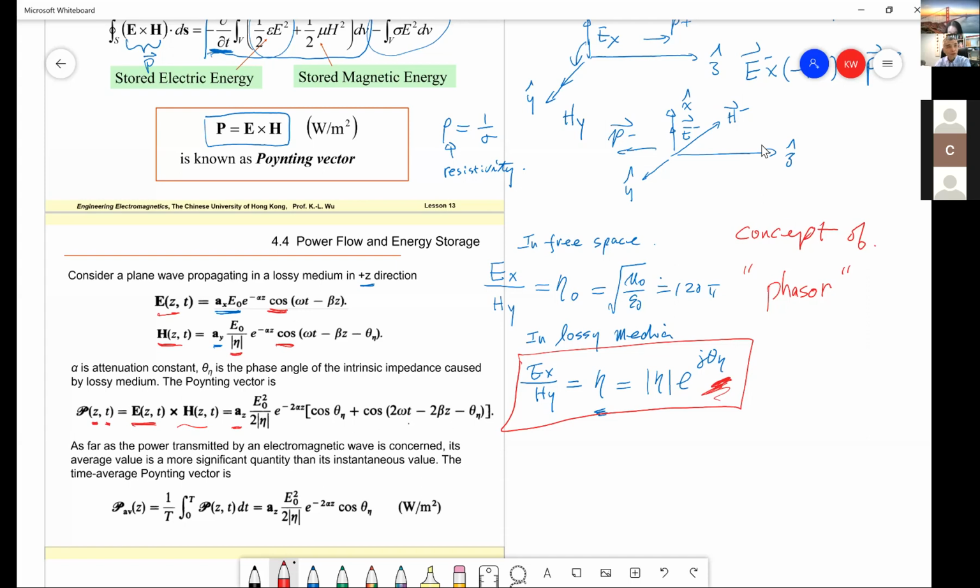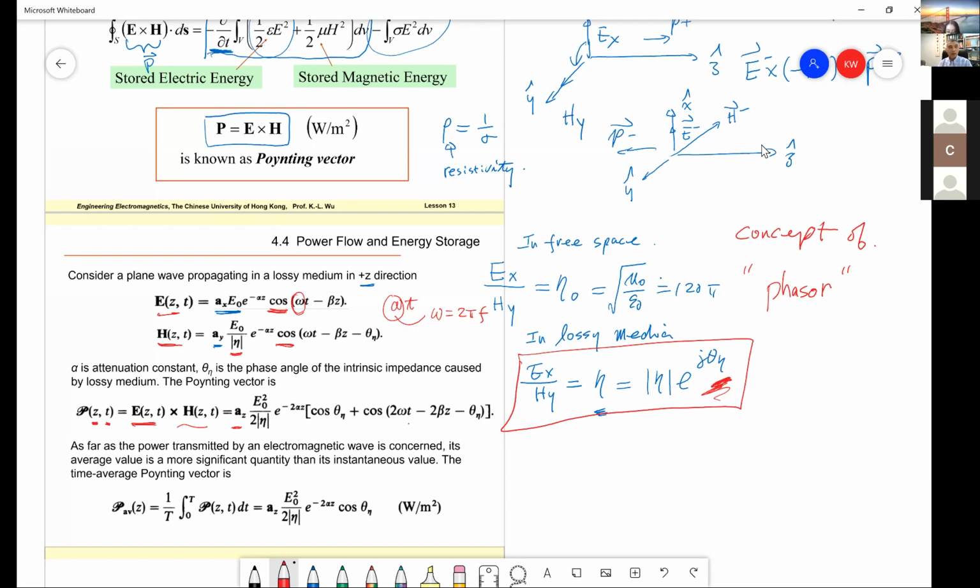And what is the frequency? Because of omega t, omega is a frequency, equal to 2 pi times frequency. That means this signal changes with time very, very fast.